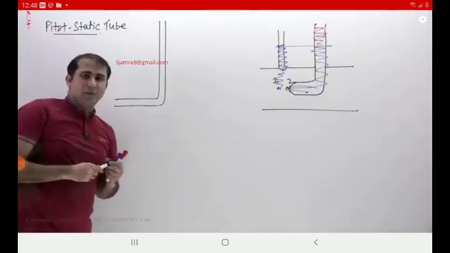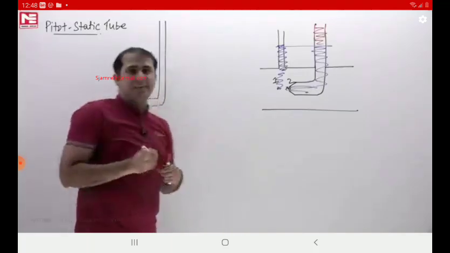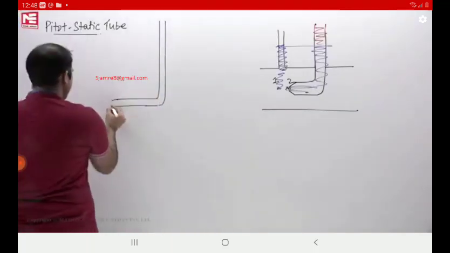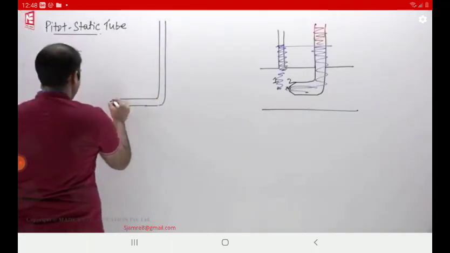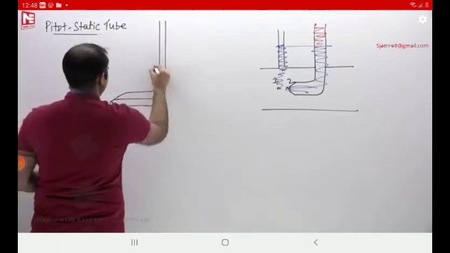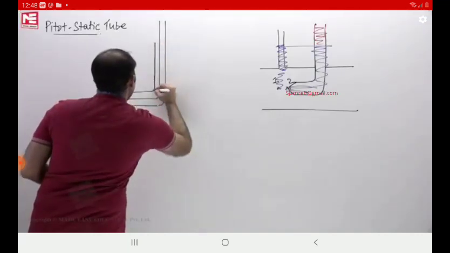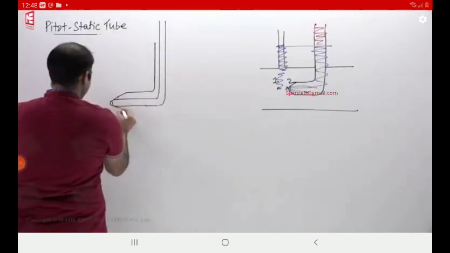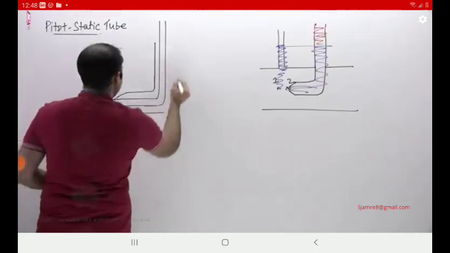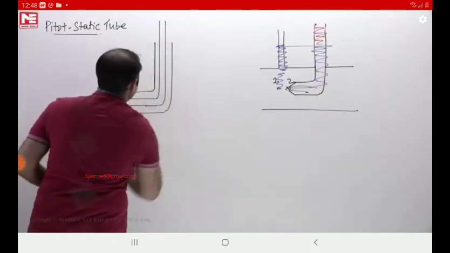Already this, you can say, tube stagnation measurement was happening. Now the outer cover I am going to provide here. Now the next, like this.